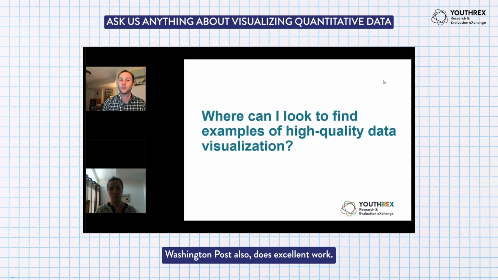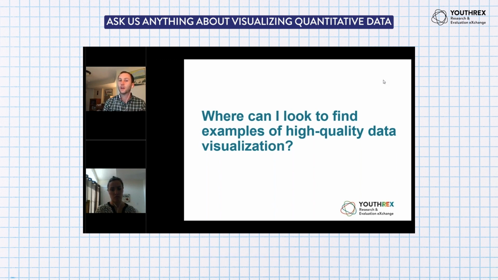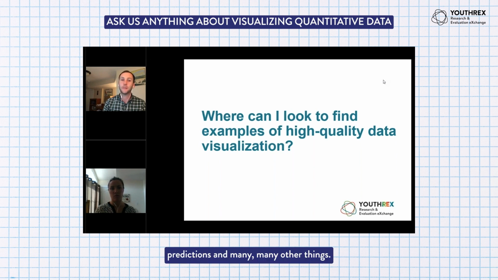Washington Post also does excellent work. The website 538, which does election predictions and many other things. The Economist also has an excellent graphics team. So those are a few places that I would recommend. But basically, I would start with journalism, because the job of journalists is to communicate to a wide audience.